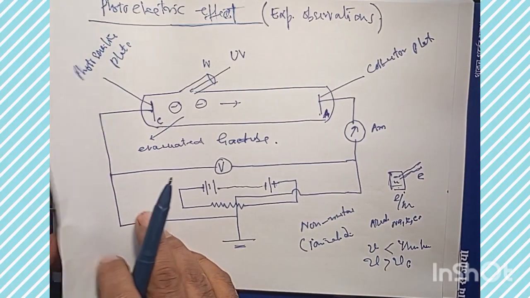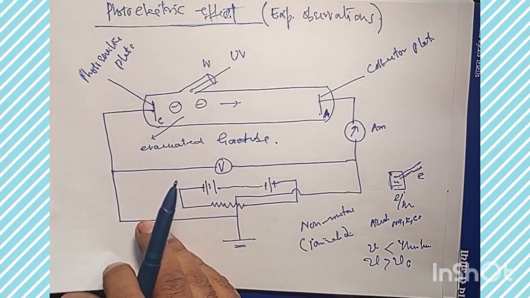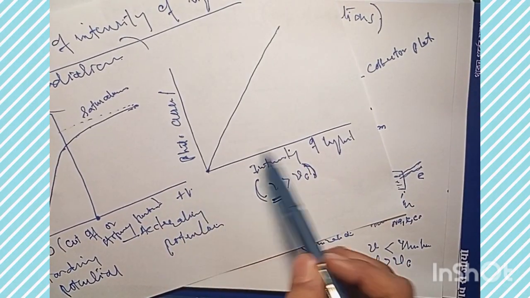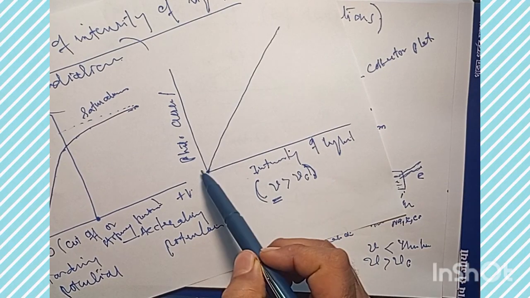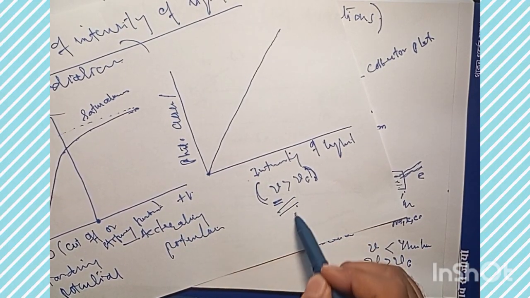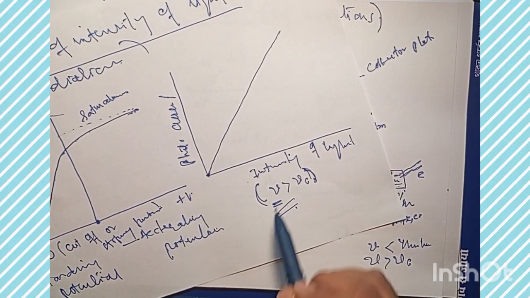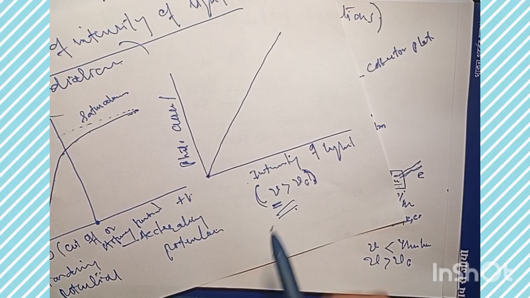Even though we could see from the very first graph between the intensity of light and photoelectric current that it was proportional, increasing the intensity of light gives more photoelectric current. But the condition here is again that the light we are using must have frequency greater than some minimum frequency.